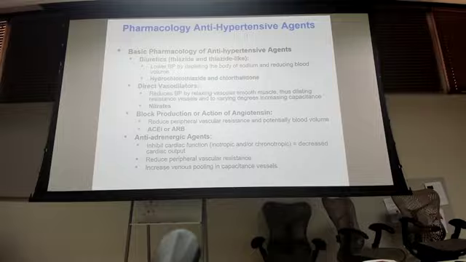And then the anti-adrenergic agents, well, you know what it does: if you're anti-adrenergic system, then you're reducing cardiac output and reducing peripheral resistance. A lot of times your exams are going to match mechanism to clinical effect. Mechanism of the drug, what's the clinical effect? So if you understand it, you can link the two.